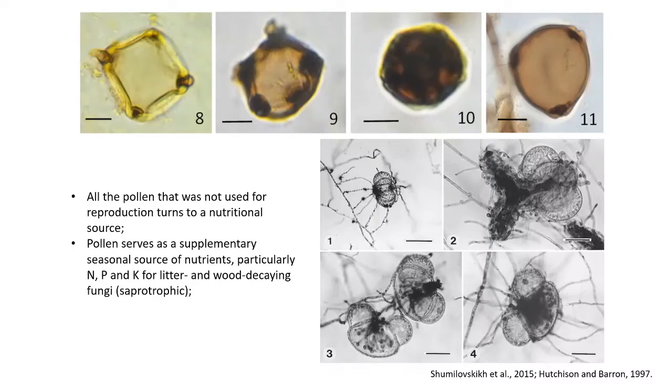So what you see here are pollen grains which have been attacked by fungi. This is how fungi penetrate the pollen, which at first contains these nutrients, living compounds inside them.